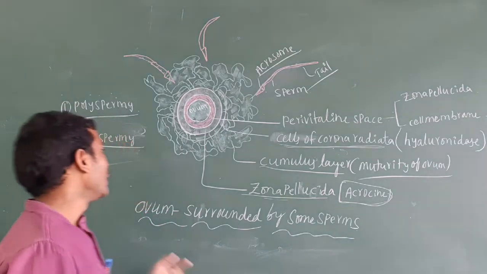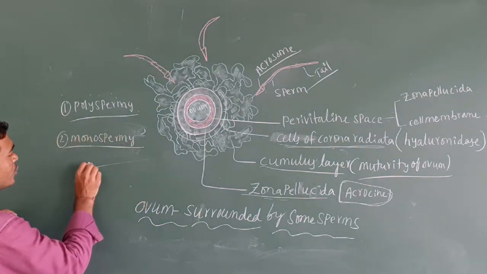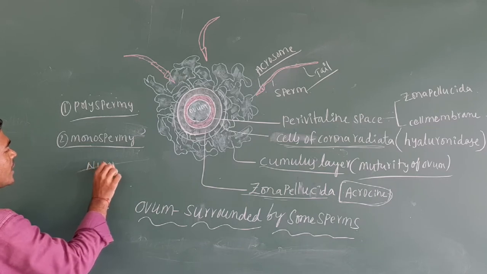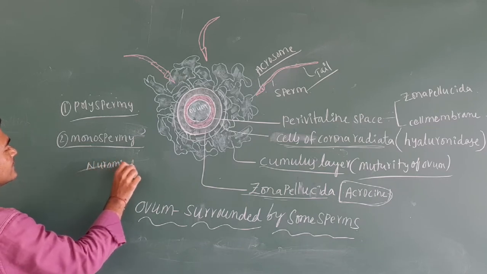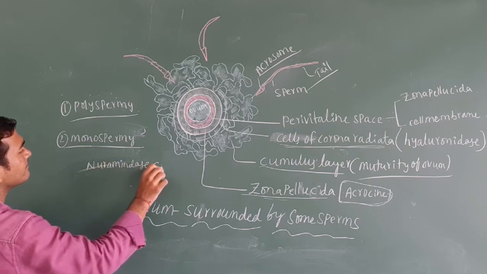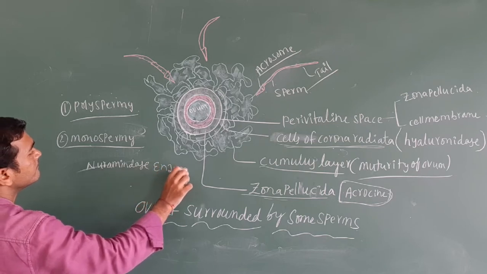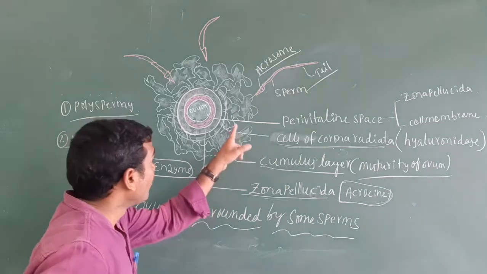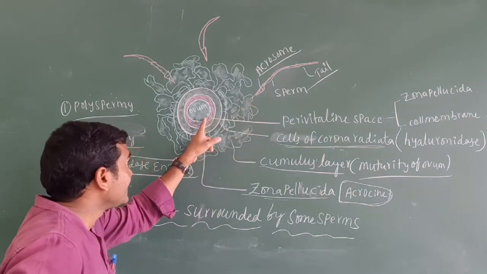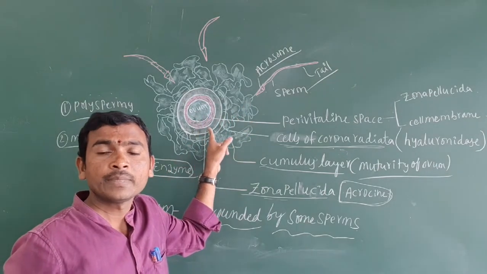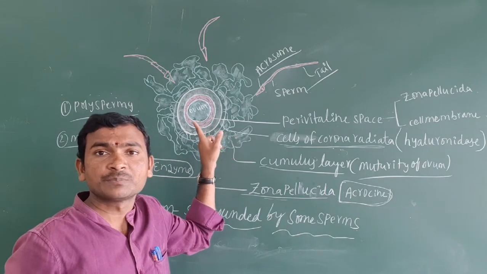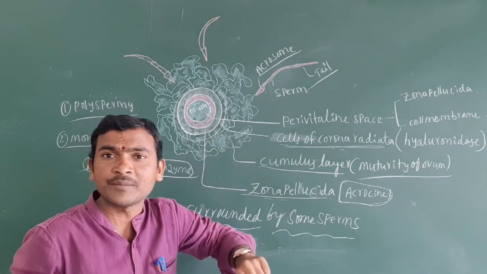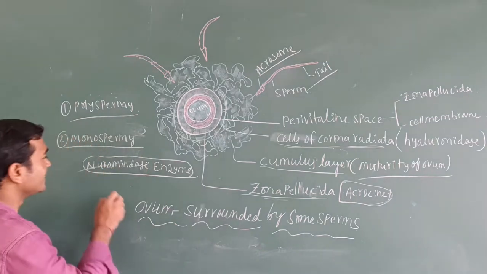The third enzyme, neuraminidase enzyme. What happens with this neuraminidase enzyme is that when one sperm is entering inside the ovum, at that time the sperm releases the neuraminidase enzyme along with calcium ions.